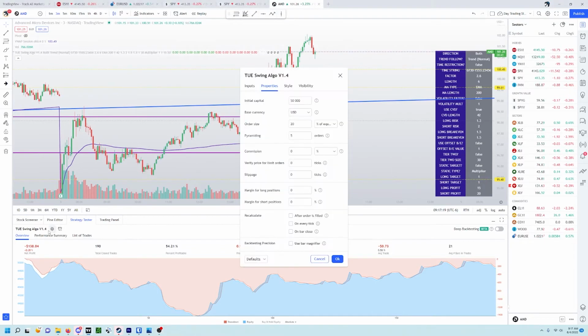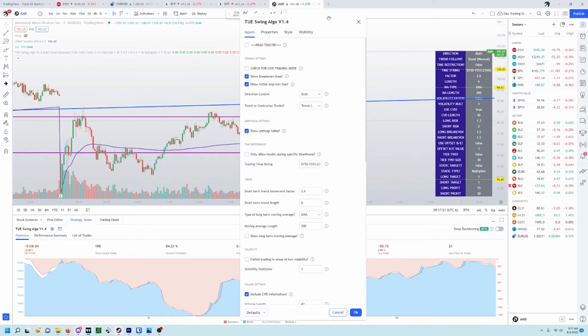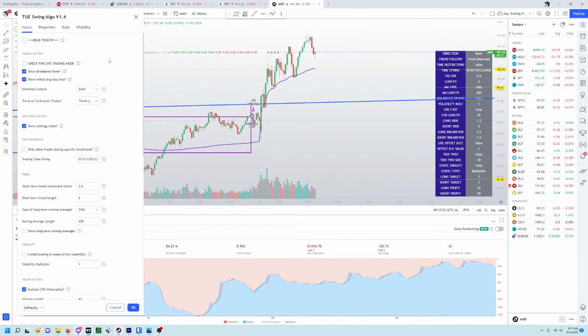All right, so we'll start to adjust. First thing we'll do, trend or contrarian trades. We want to go with the trend. You could set these up, like I said before, to do contrarian trades, but we're just going to look at trend right now. Only allow trades during specific time frame. I'm always going to use this because I only want to allow trades during the day and only on certain days.